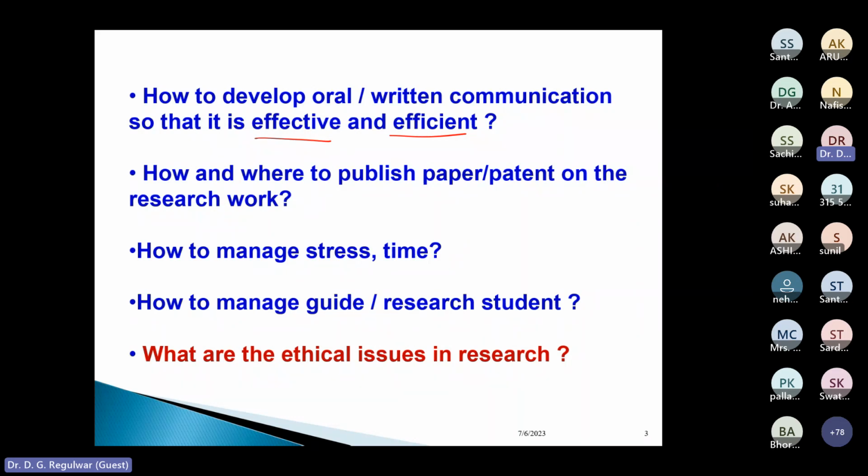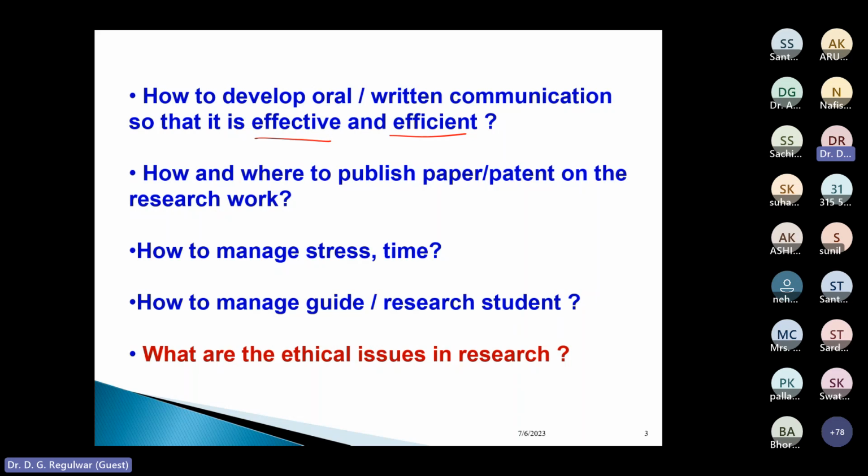When it comes to written communication, normally in all papers you will find third person and the present continuous tense. So normally you find published papers in the present continuous third person. In a similar way, you have to write the technical report.